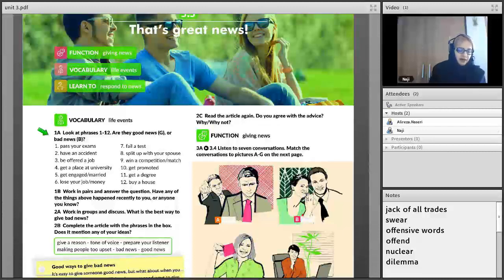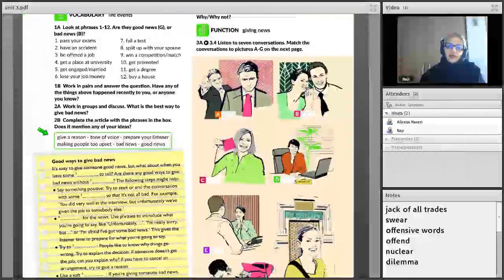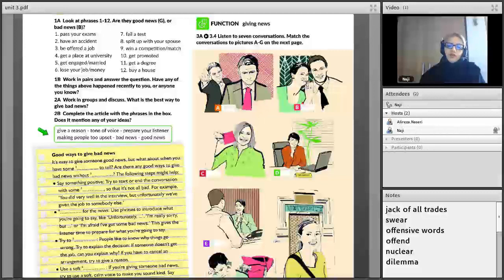Now, we want to talk a little bit about how to convey the news. Mostly, good news, definitely you enjoy giving. But what about bad news?